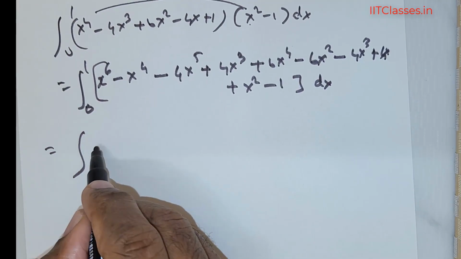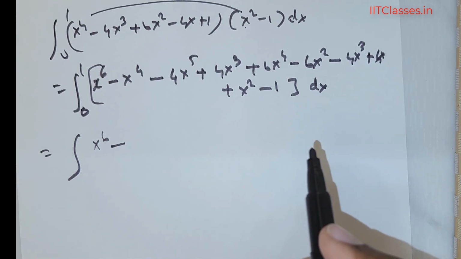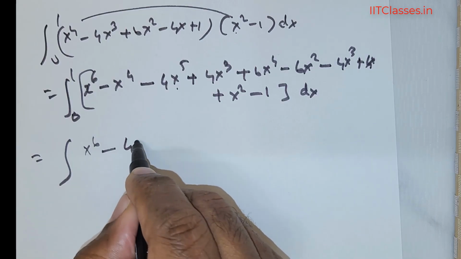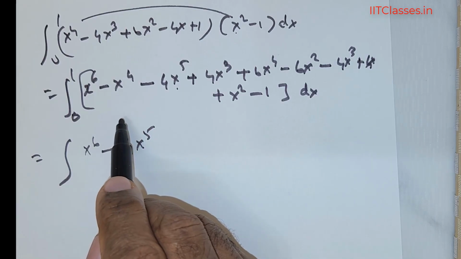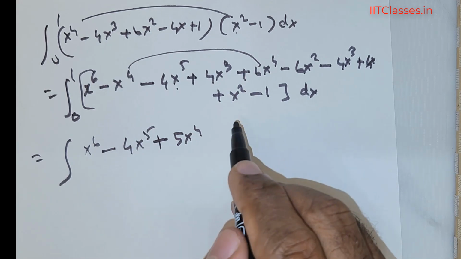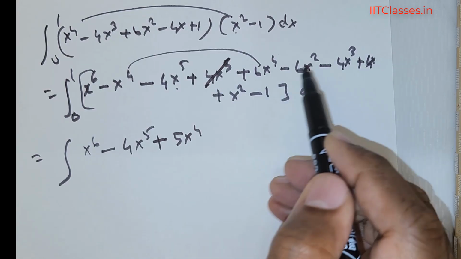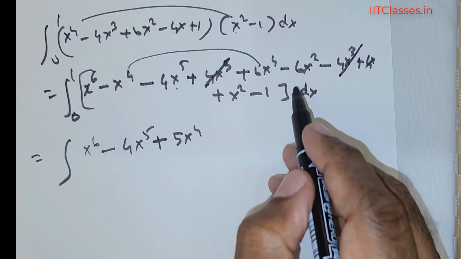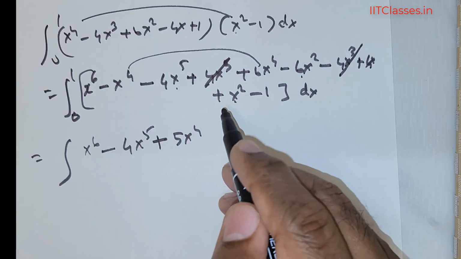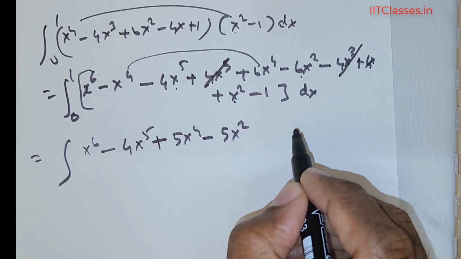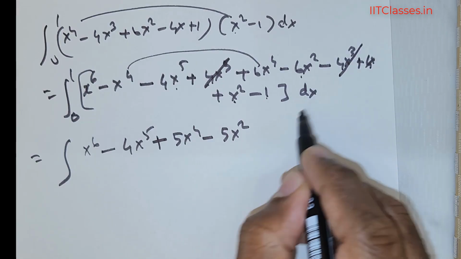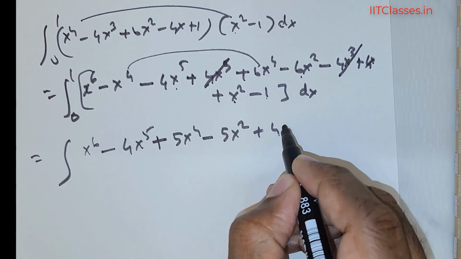So this is equal to x raised to the power of 6. This is the next term, negative 4x raised to the power of 5, and I can add these two together. That will give me 5x raised to the power of 4, and then these two terms get cancelled. Negative 6x squared, positive x squared, so that's negative 5x squared. x power 3 goes off, so you have a negative 1 there, plus there is a 4x there.